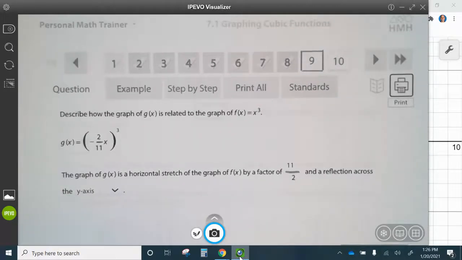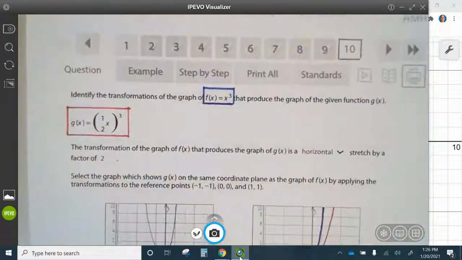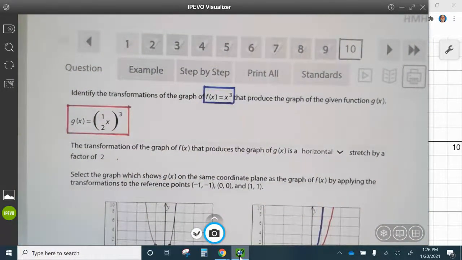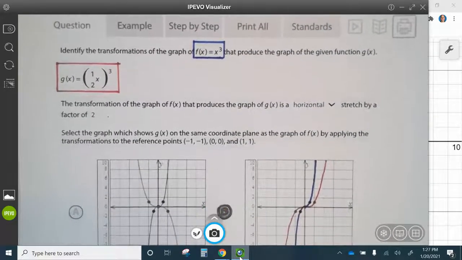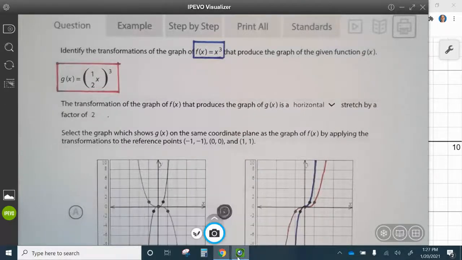Let's take a look at question number 10. Identify the transformations of the graph of f of x equals x cubed that produce the graph of the given function g of x. To find the graph that matches, we're going to come to Desmos.